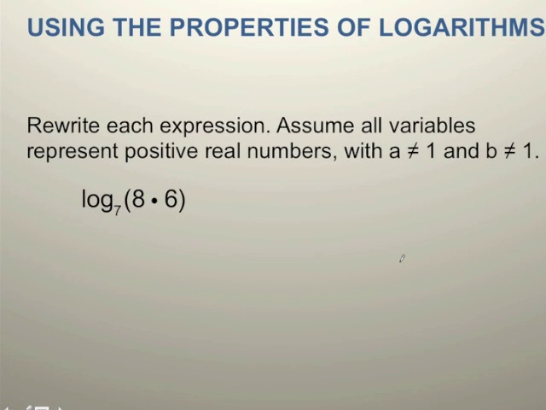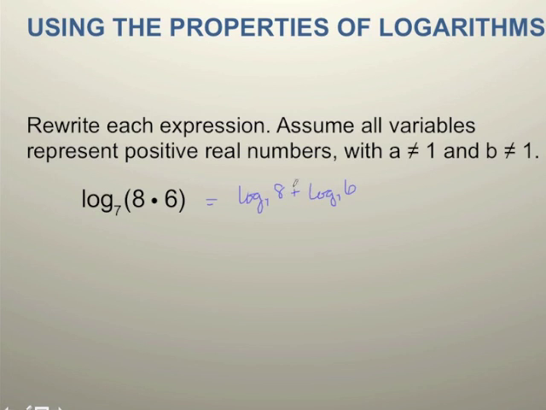We're going to rewrite these expressions, and we'll assume that all variables are positive real numbers. We don't have any variables in this one. But splitting this up, since this is a product, we could say this is the log base 7 of 8 plus the log base 7 of 6.